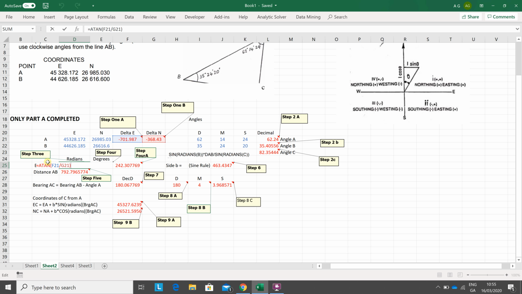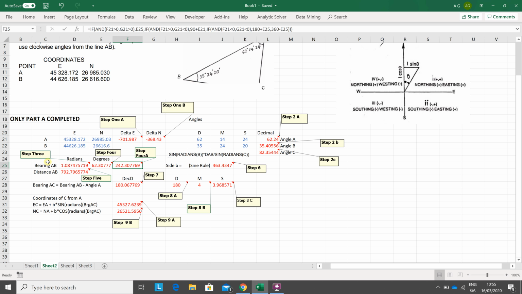If you're in maths class, the teacher would say tan inverse. What I did was I converted that answer, that's in radians. Remember, 1 radian is about 57 degrees. So I converted that to degrees in D25.